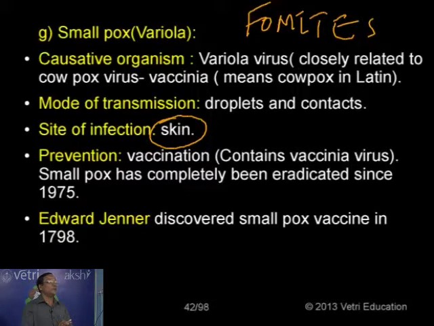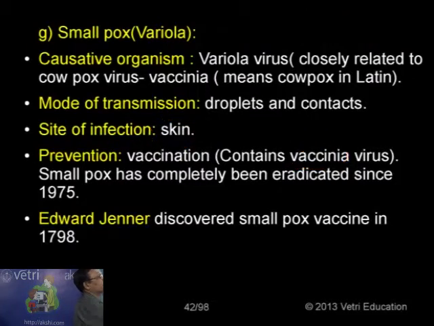To eradicate smallpox, the vaccine contains nothing but the vaccinia virus, the cowpox virus, not the variola virus. It is attenuated. Attenuated means weakened. It is modified in such a way that it cannot produce disease, but it can impart immunity. Such a weakened germ is called an attenuated germ.